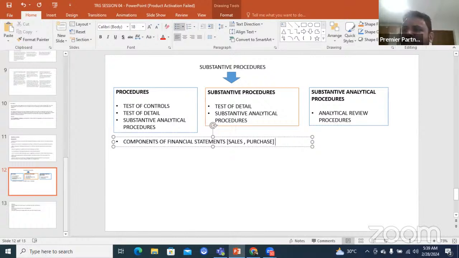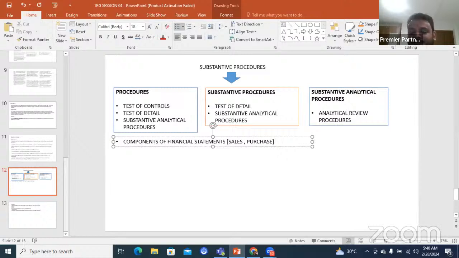Substantive procedures over financial statement contents. Sometimes they might ask you to write procedures over sales, procedures over purchase, procedures over payables, procedures over receivables. For those types of questions, simply you can learn by heart, because even in my material, I gave entire financial statement component related procedures. I asked students to learn them by heart.